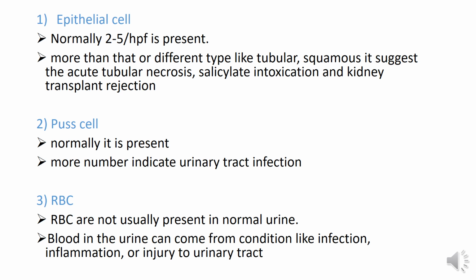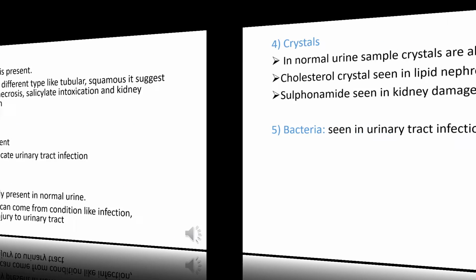The next one is pus cells. Pus cells are normally present, but a larger number indicates urinary tract infection. RBCs, red blood cells, are not usually present in normal urine. Blood in the urine can come from conditions like infection, inflammation or injury to the urinary tract.